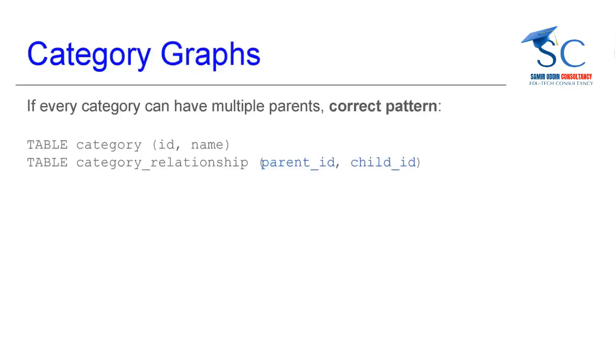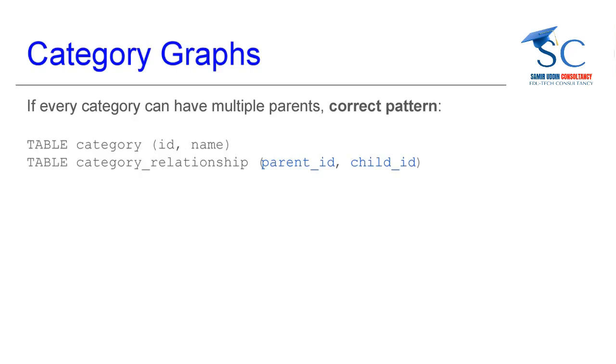A better way is to have two separate tables. Category with just the ID and the name, and then category relationship, or whatever name you prefer, which contains a reference to the ID of the parent category, and then a reference to the ID of the child category.